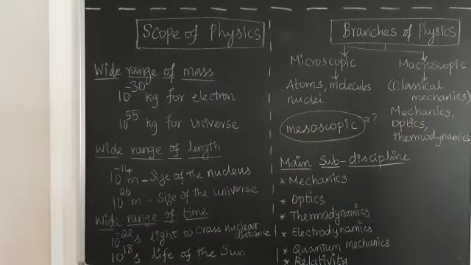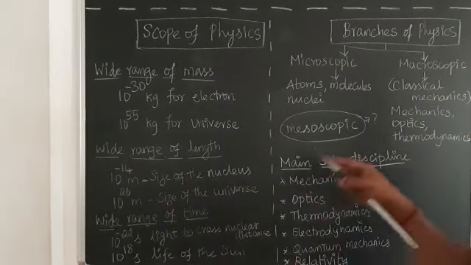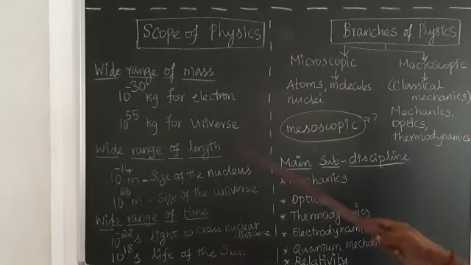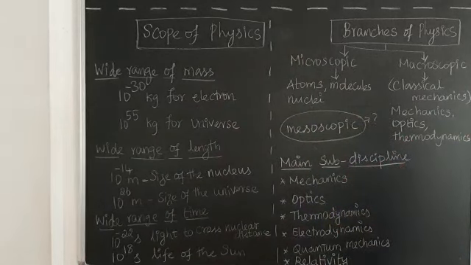That gives 10 to the power minus 22 seconds, so light crosses the nuclear distance in that time. And 10 to the power 18 seconds is the life of the sun. So we have a wide range of mass, length and time, and the scope of physics also has a wide range.